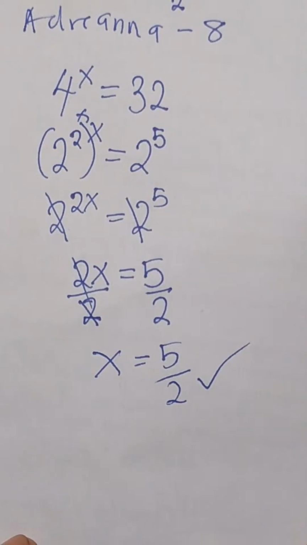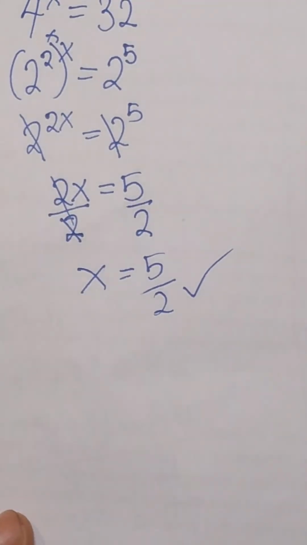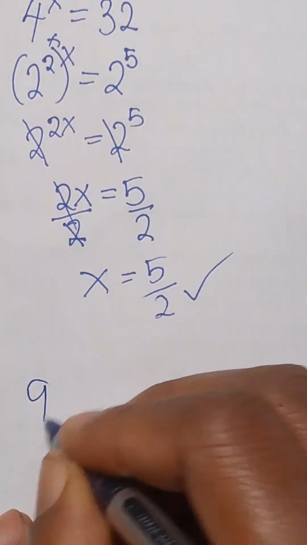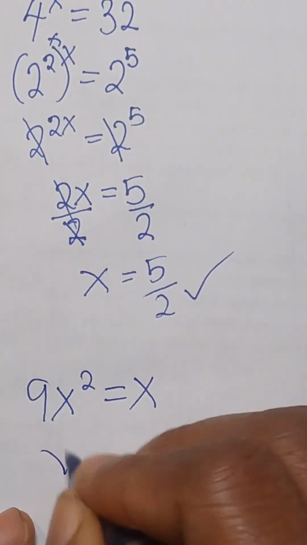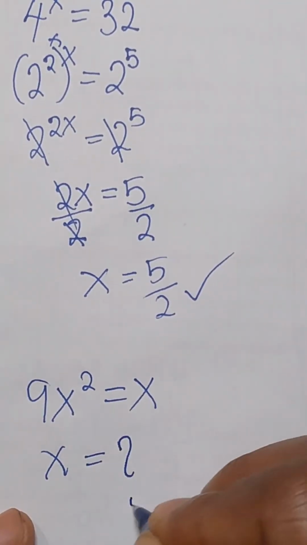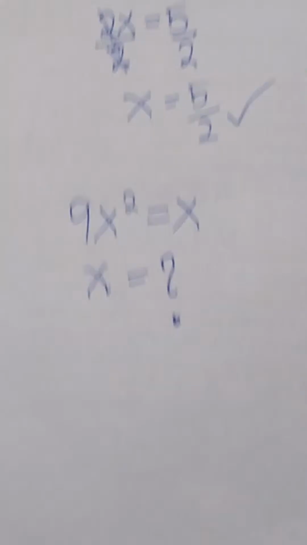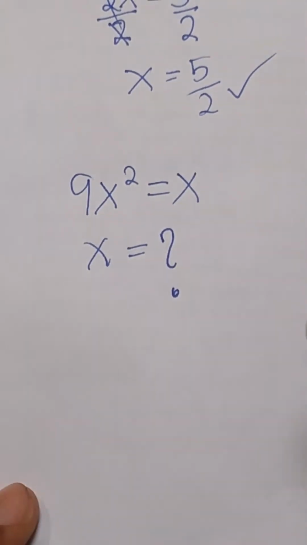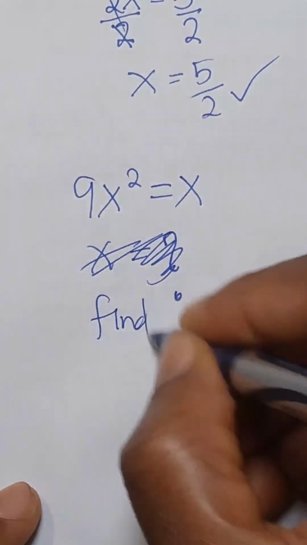Okay, so let's solve this. We are given 9x squared is equal to x. Okay, then x is equal to what? So we're given 9x squared equals x.